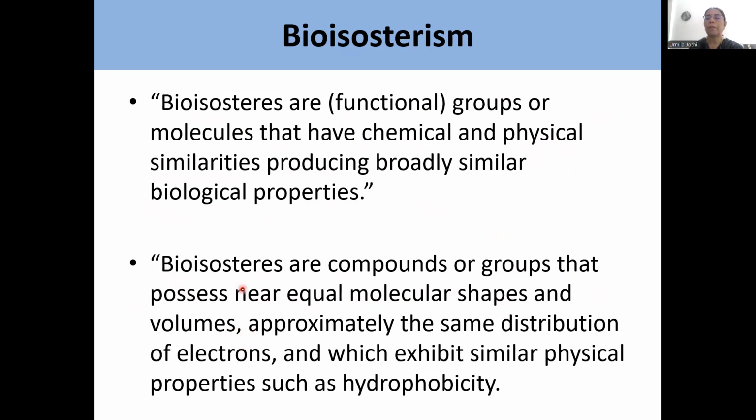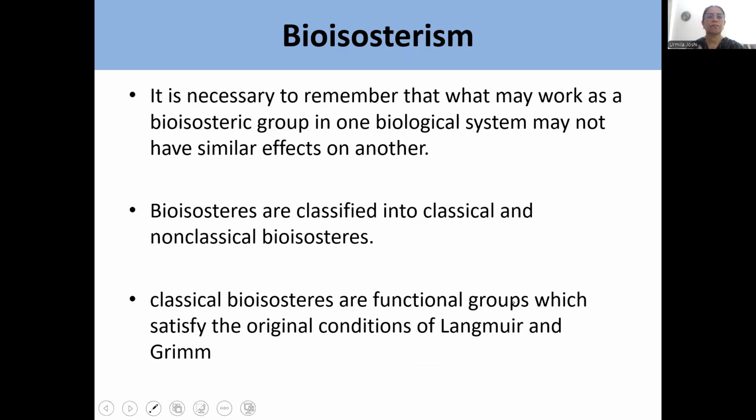Why is this important? Because then only they will be able to fit in the same receptor in an identical way. So, it is necessary to remember that what may work as a bioisosteric group in one biological system may not have similar effects on others.